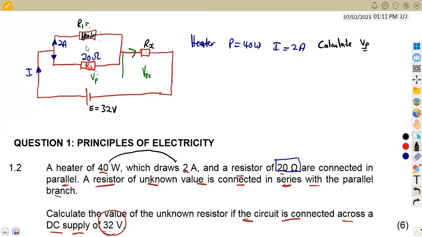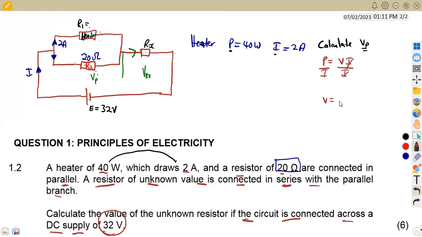For this parallel circuit, like I said, this heater has got power and current. Remember the formula for power is given as voltage times current, P = V × I. As we need the voltage, this will be our parallel voltage. So divide by current both sides.